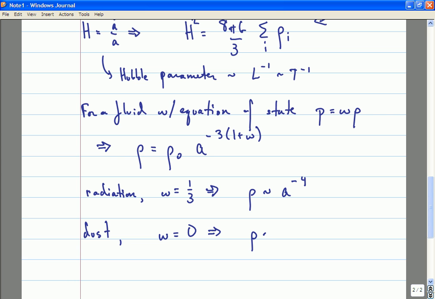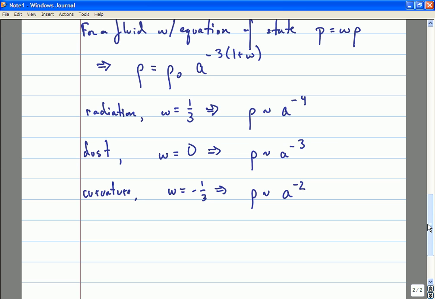Then rho goes like a to the minus 3, whereas curvature, as we have defined it, redshifts like a to the minus 2. So if you thought of it as a perfect fluid, it would have equation of state parameter minus 1/3. And vacuum energy, or cosmological constant, has w equals minus 1, so that the energy density does not redshift at all.